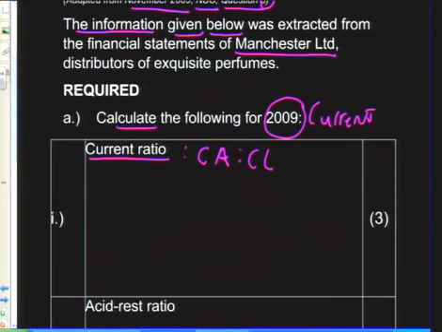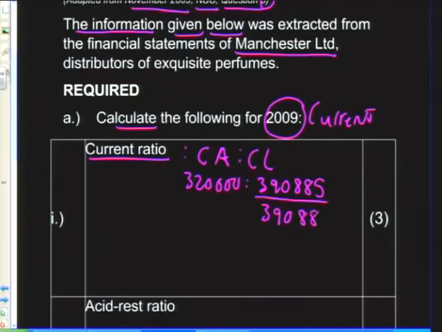So my current assets was an amount of 320,000, and your current liabilities was a total of 390,885. When you're doing ratios, remember I want the right-hand side to equal 1, so I'm going to divide by 390,885.